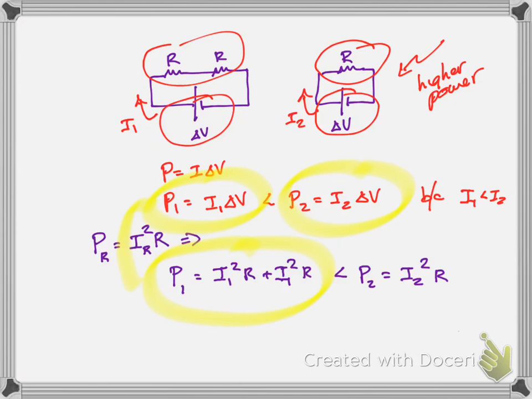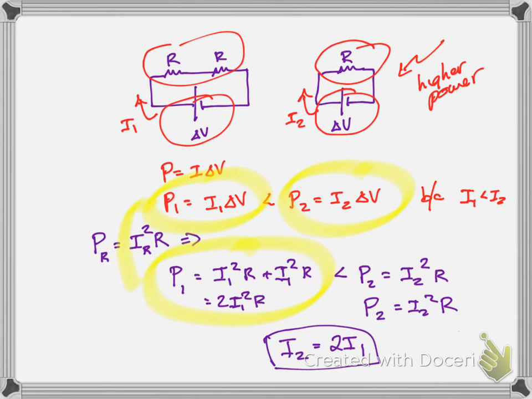And so the total power used by the resistors is equal to 2 I1 squared R. Whereas the total power used by the resistor on the right is I2 squared R. And I2, we didn't actually figure it out, but is equal to 2 times I1. You should be able to figure that out by basic circuit analysis.